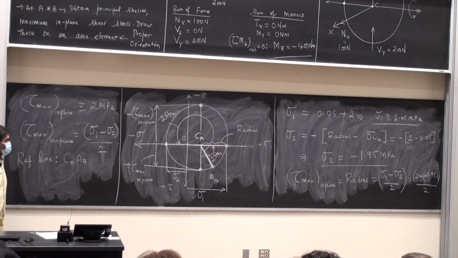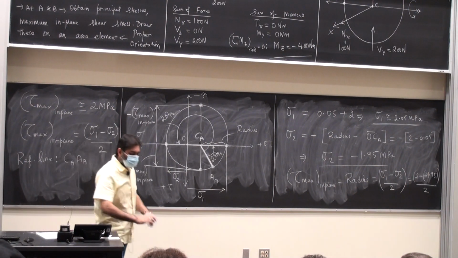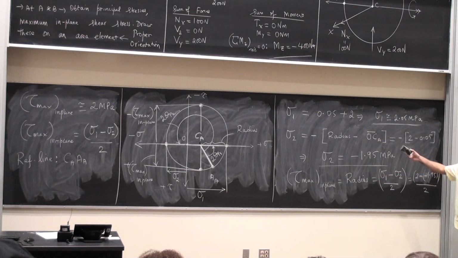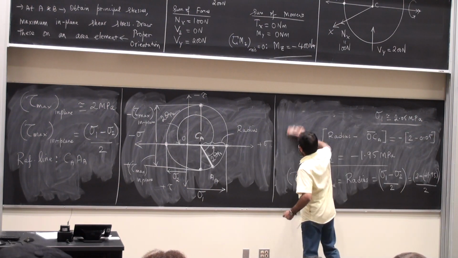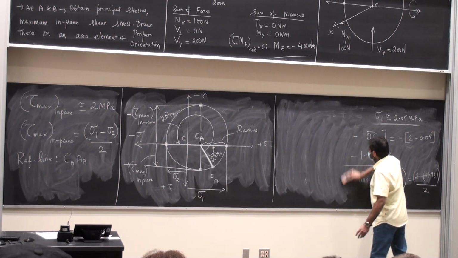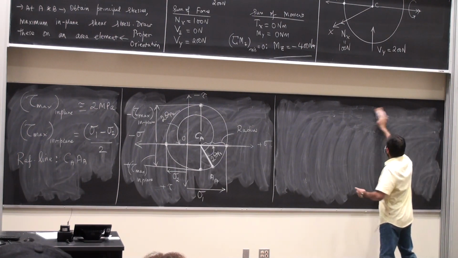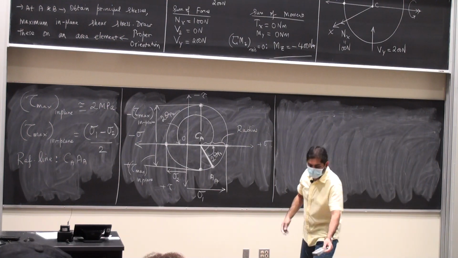Using basic geometry, one can calculate the angle, which I'm going to do in a minute. Can I get rid of this panel here for everybody? Okay, so 2 theta P2.